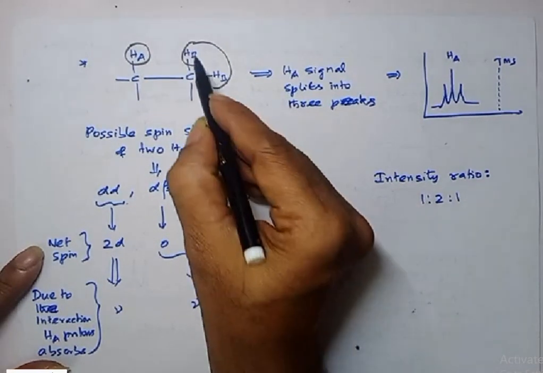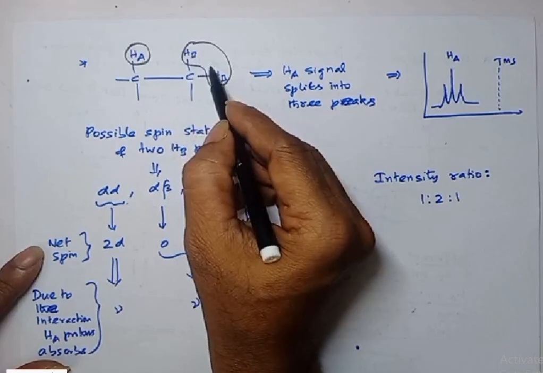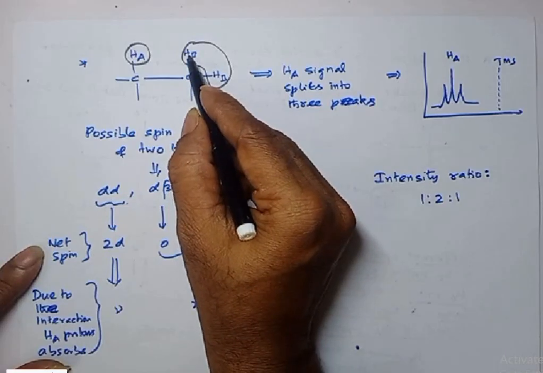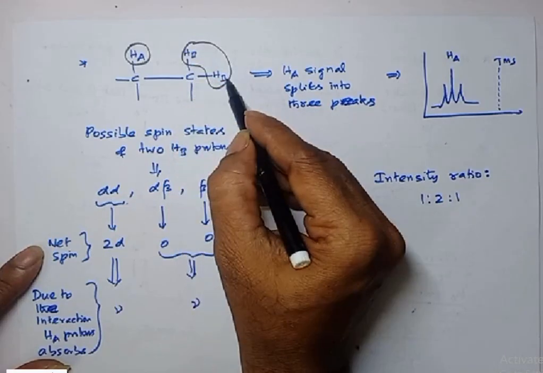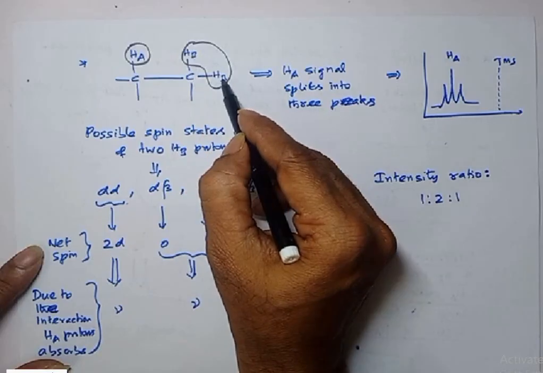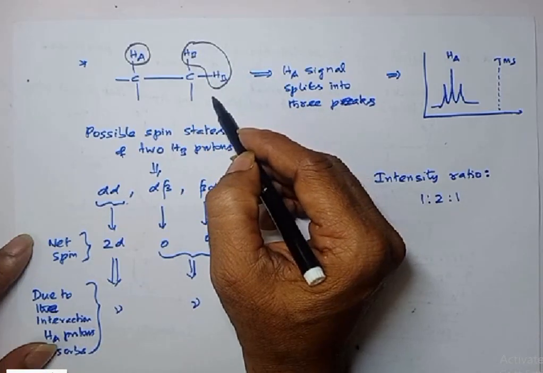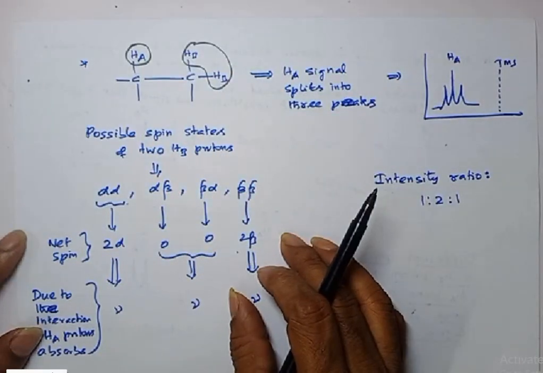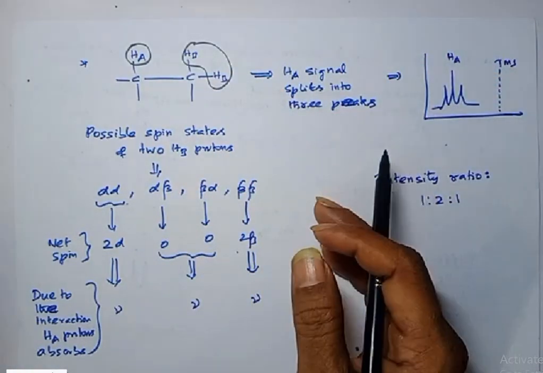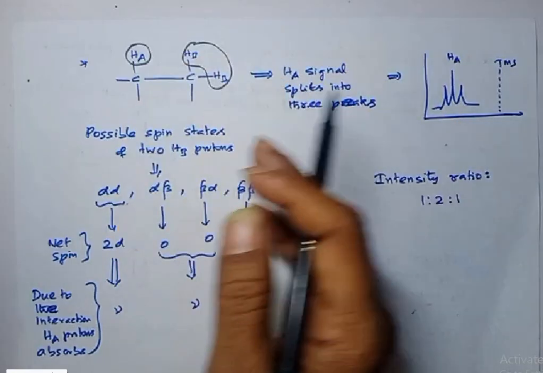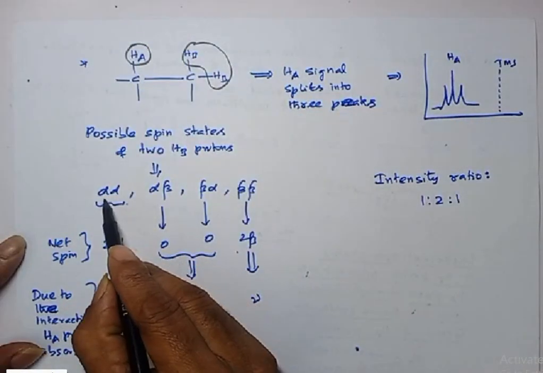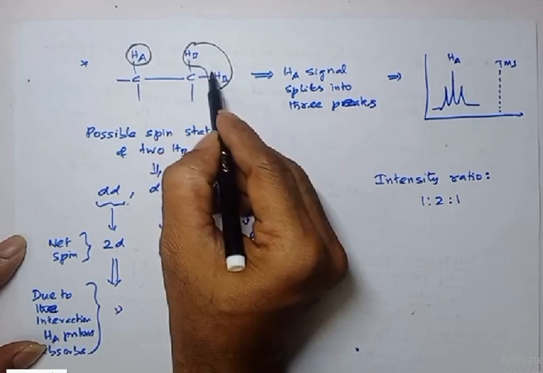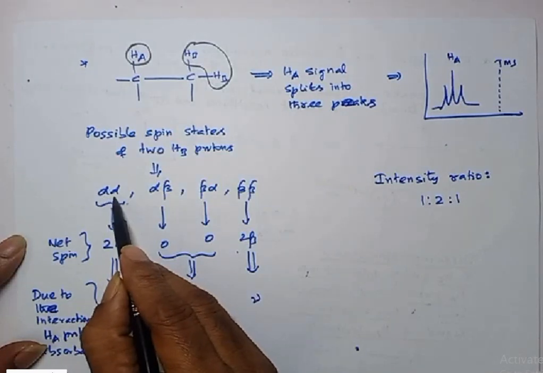The reason is that, see, HA and Hb protons. Hb proton may have alpha and beta spins, and this Hb proton also has alpha and beta spin. So there are different possibilities. Suppose we take 100 molecules. Listen carefully: in one molecule, both Hb protons may have alpha spin.